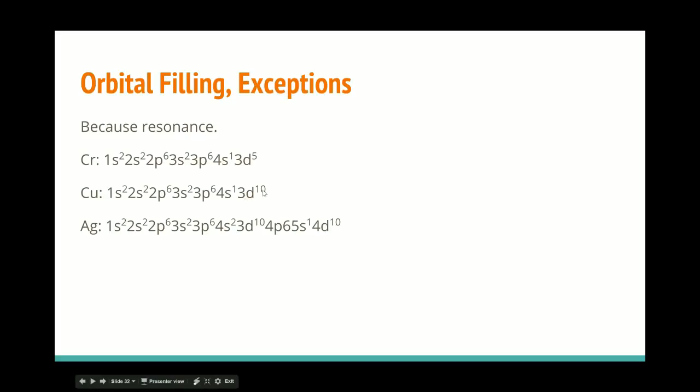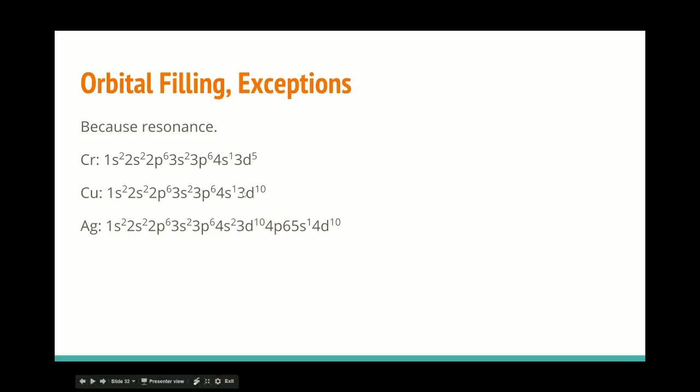So the gain you get from increased resonance doesn't quite make up for the bump from 4s to 3d. So copper sometimes forms a 1 plus ion because it's sometimes like this, but most of the time it forms a 2 plus ion. Because it doesn't always bump that s electron up into the 3d orbital.